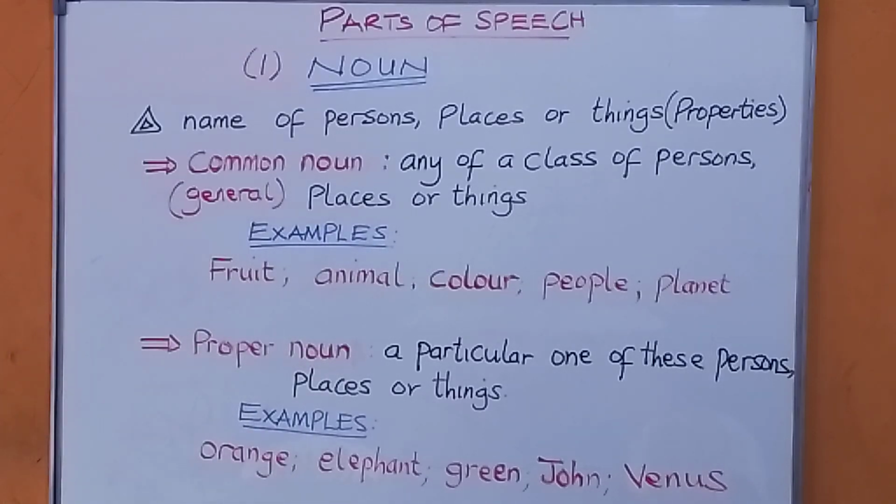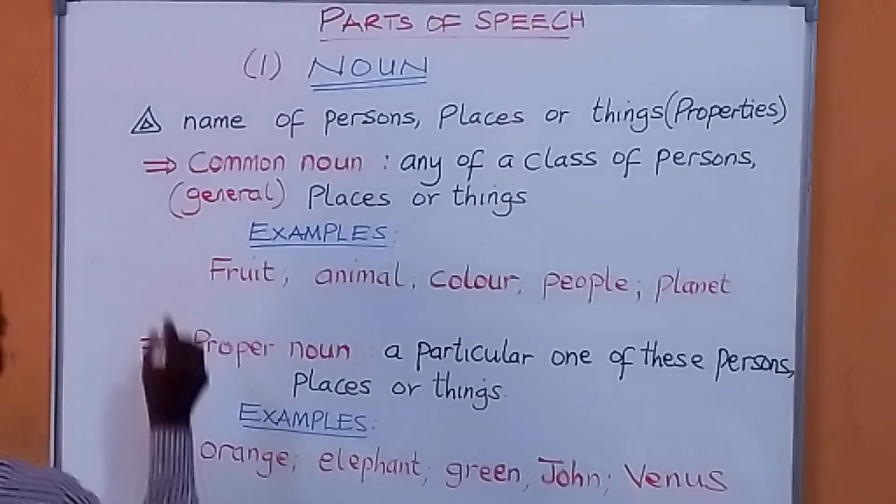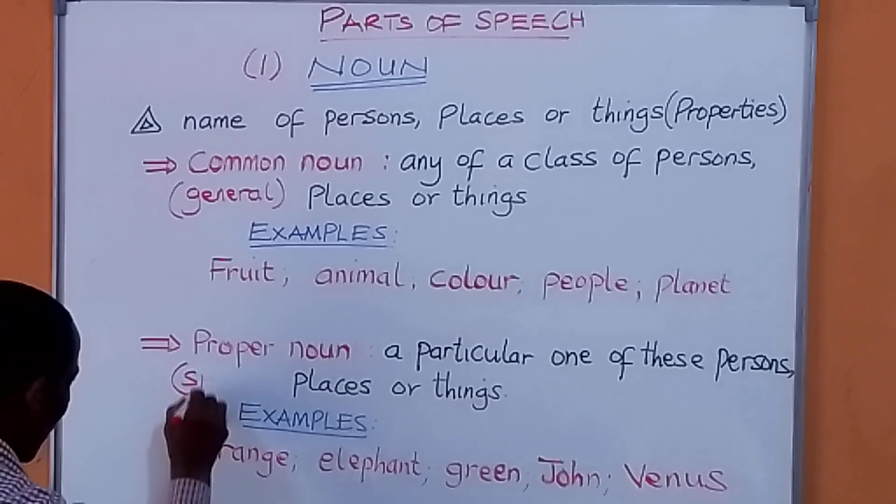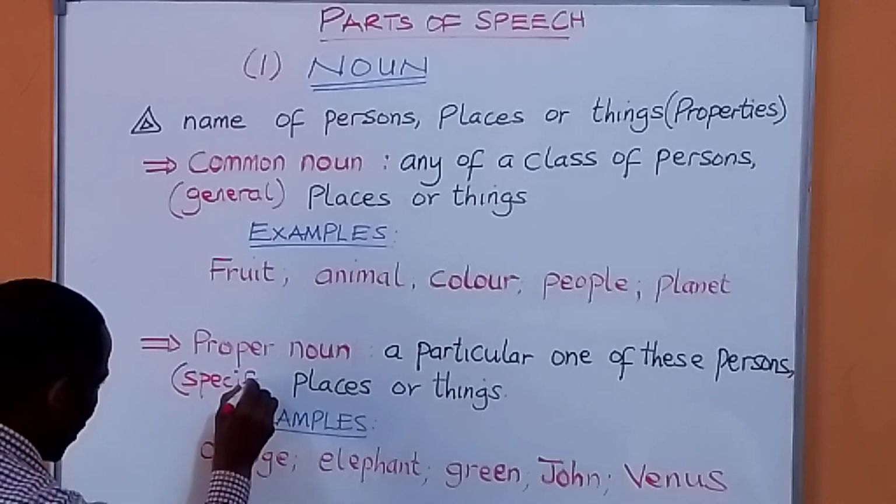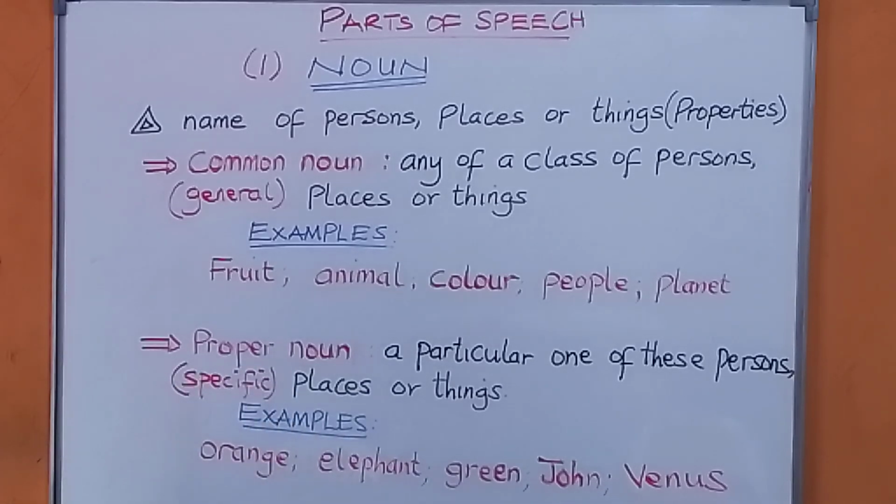Now we have another type of noun, the proper noun. If you like, we call it a particular noun or specific noun. This is general, this is specific. A proper noun is a particular one of these persons, places, or things.